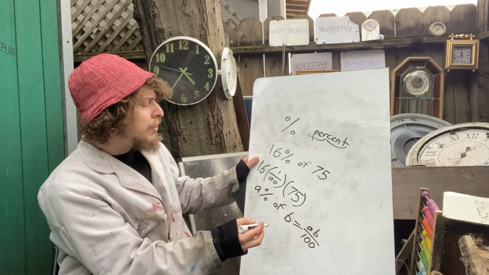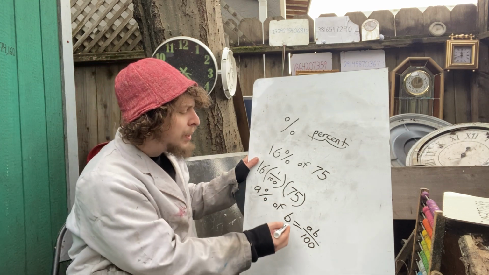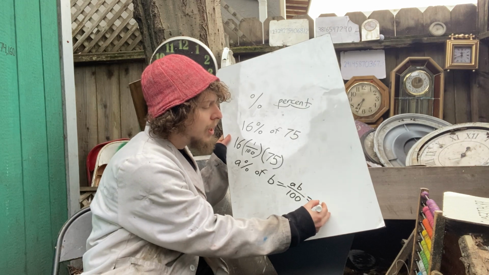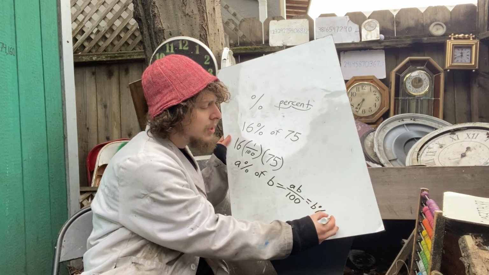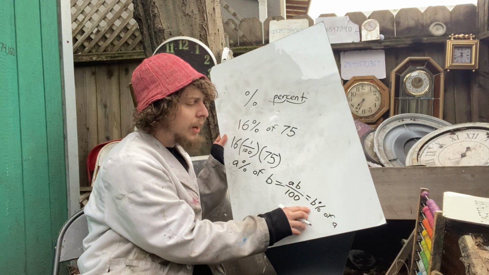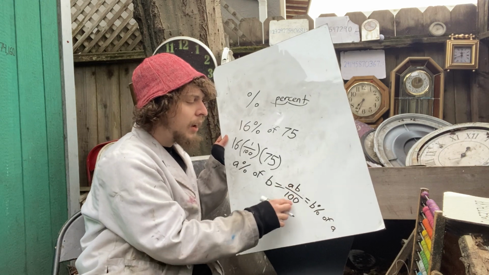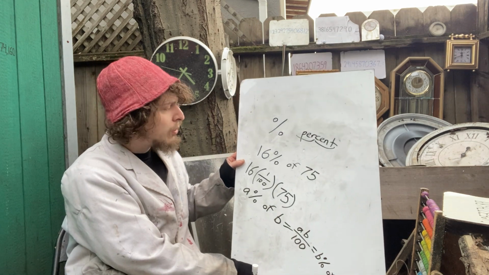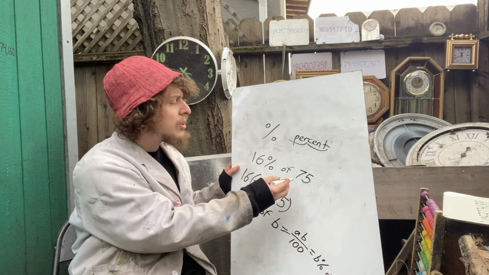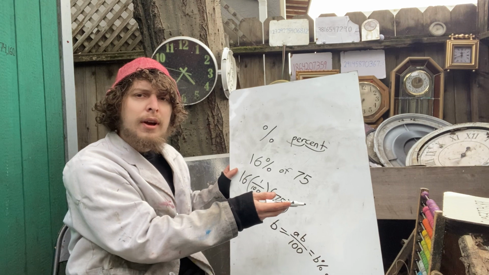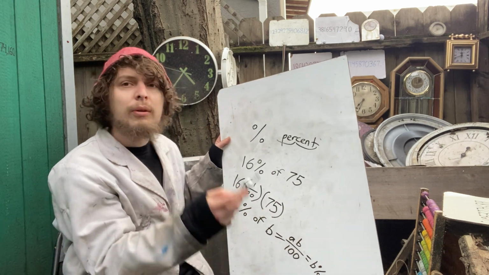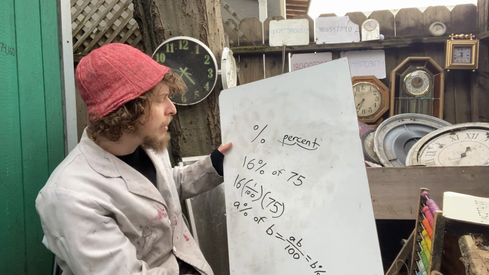And it also means that A percent of B is the same as B percent of A, because that would also simplify into B times A over 100. Sometimes this will help us out a lot, because 16% of 75 might sound a little hard to calculate at first. How do you figure out 16% of a random number?